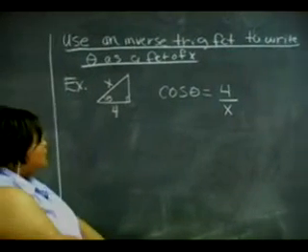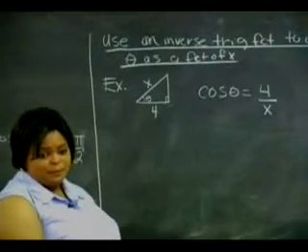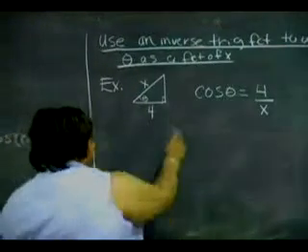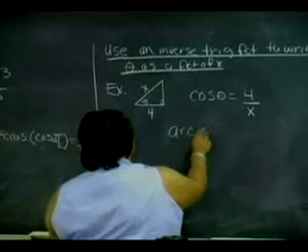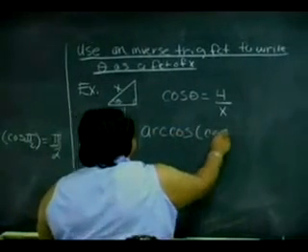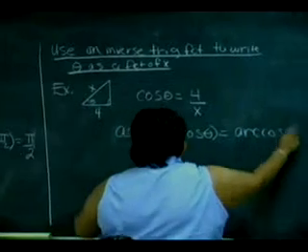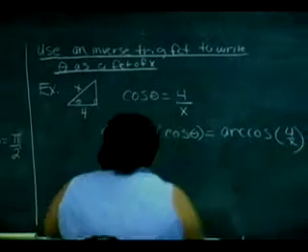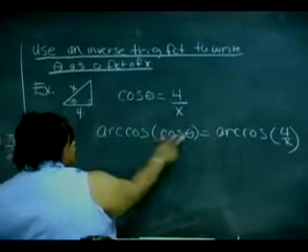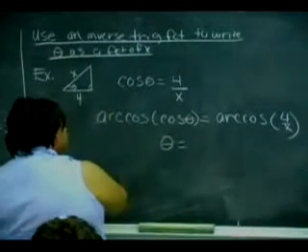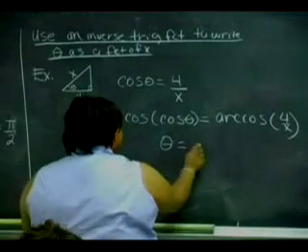So how can I get theta over there by itself? Well, if my domains and everything are in order, I can apply arc cosine to both sides. And arc cosine and cosine will give me theta, because that cancels out by inverse function, equals arc cosine 4 over x.